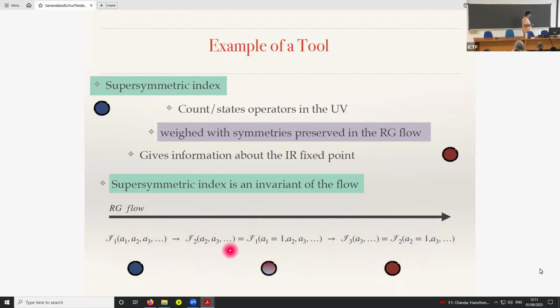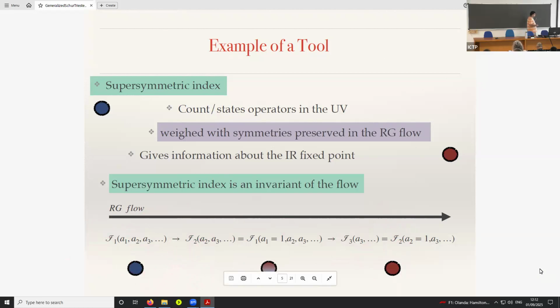Usually, we don't think about this. We think about this arrow really going in this direction, that we want to deduce something about the infrared fixed point from the UV. This is the logical way we do things. But it's important to know that the index that we compute here encodes some information about the UV fixed point. Okay, and the surprise that I want to tell you about will actually be going in this direction.